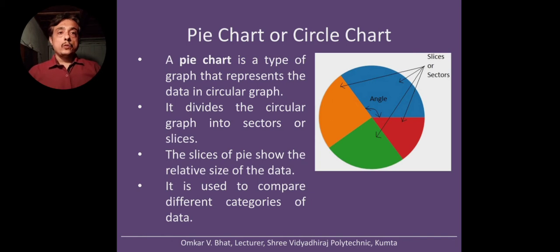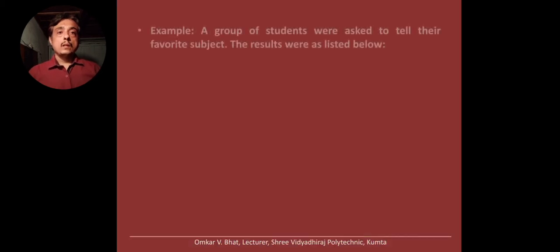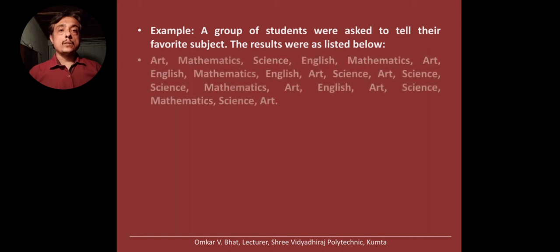So let me give you an example. Say this example I had taken in one of my previous videos. The same example I am taking here. A group of students were asked to tell their favorite subject and the result is listed as below. See, the data set is in unorganized form.